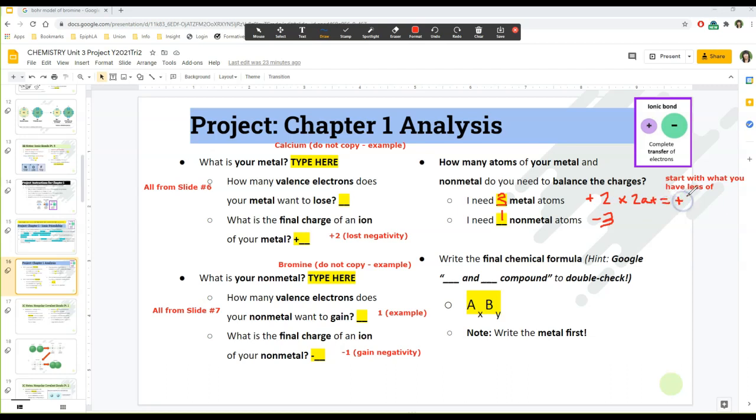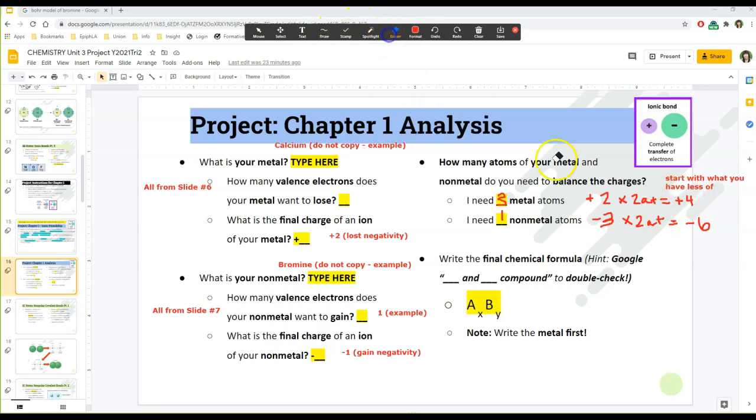So now I need to go to what I have less of, and what I have less of now is the -3 charge, so I'm going to multiply that one as well. So multiply that by 2 atoms, and now I have a charge of -6. And now, going back to what I have less of, I have less of this +4 charge.